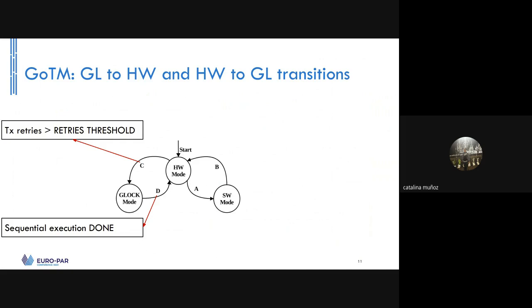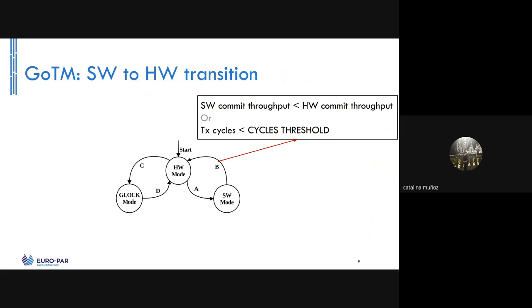But what we do here, using the measurements we take, is try to optimize the number of transitions we make and the time spent in each execution mode, just to avoid that kind of overhead. And I think that is mainly why our approach performs better than PHTM star. Okay, thank you.